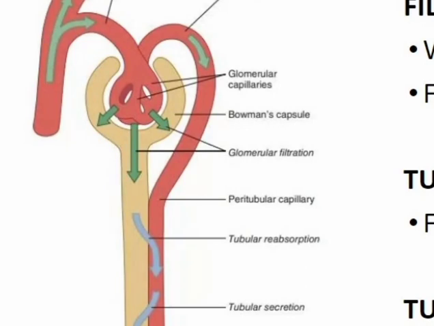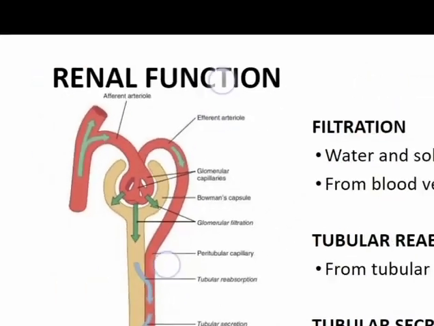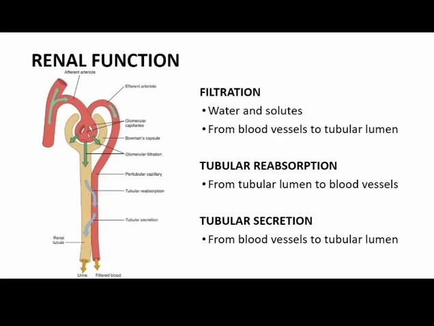So filtration, of course, the water and the solutes pass through and travel from the blood vessels to the tubular lumen. For tubular reabsorption, it's from the tubules to the blood vessels. And then tubular secretion is the other way around. It's from the blood vessels to the tubular lumen.